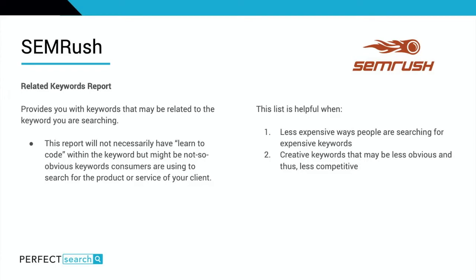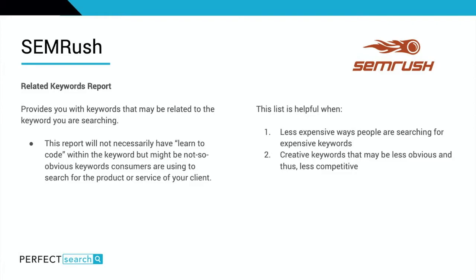So it might be something like programming class, or web development course. And this list is super helpful when we're trying to figure out what sort of potentially less expensive keywords are out there that people are searching. And again, it helps us get better coverage when we're building out that keyword list.